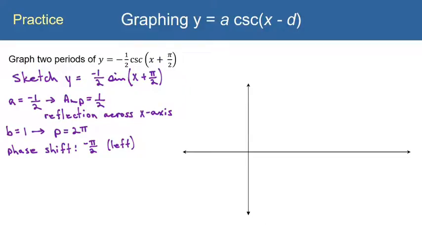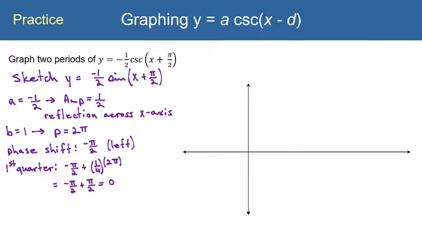Okay, now, because our phase shift is to the left, we will have to calculate the position of the first quarter mark. So we take the starting place and add a fourth of the period. So that's going to give us, in this case, negative pi over 2 plus 1 pi over 2. When you simplify that fraction, gives us a nice common denominator there, and those two add up to 0.